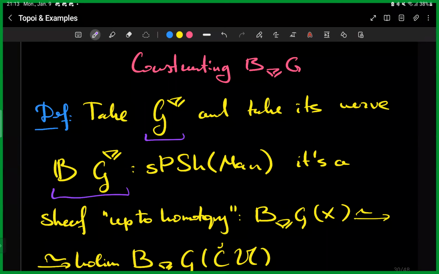And as it turns out, this is a sheaf up to homotopy. So if we have a manifold X and we have an open cover U, then we have a weak equivalence between the homotopy limit of the values of this simplicial presheaf on this representable presheaf.